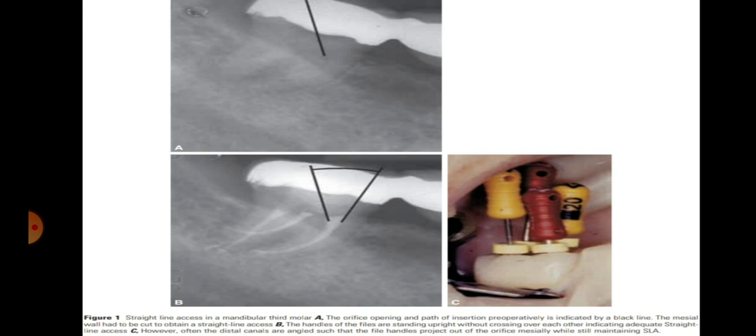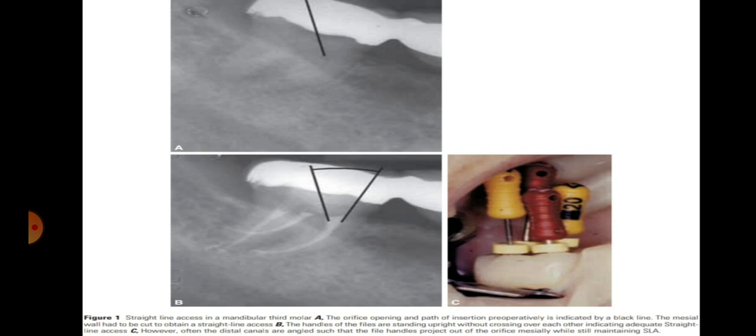In picture B, the handles of the files are standing upright without crossing over each other, indicating adequate straight line axis.